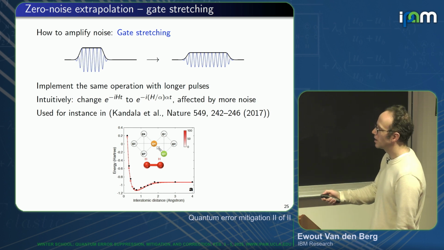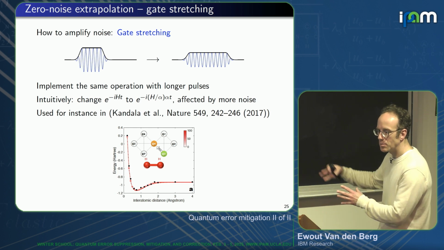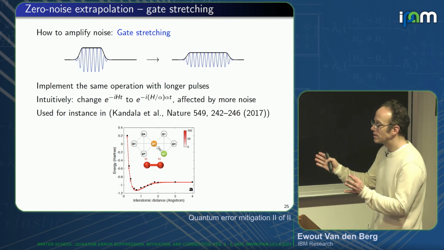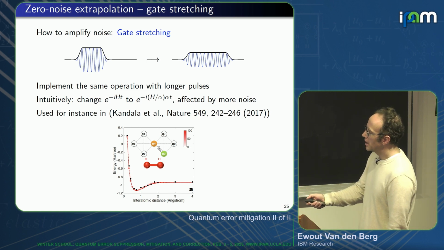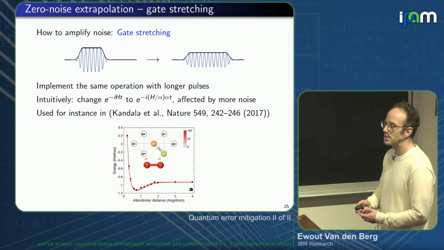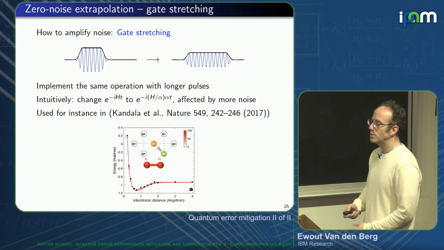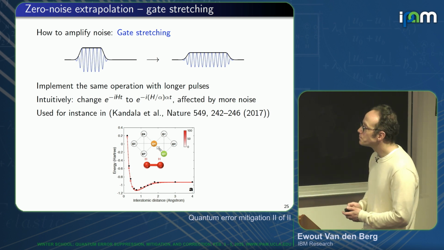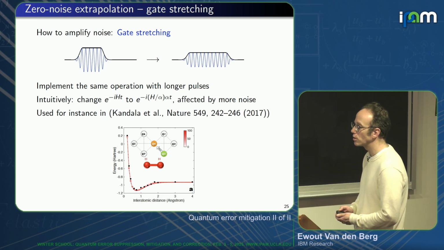This should ideally implement the same gate, but of course there are dissipative terms in the Lindbladian, maybe the T1, T2 terms, that then act over a longer period of time, so your noise does increase. So by stretching the gates, you get more noisy gates. This was used in this paper to get the ground energy of certain molecules.